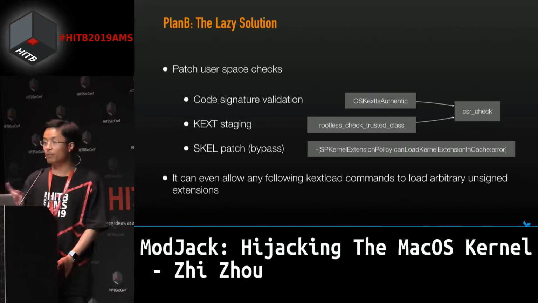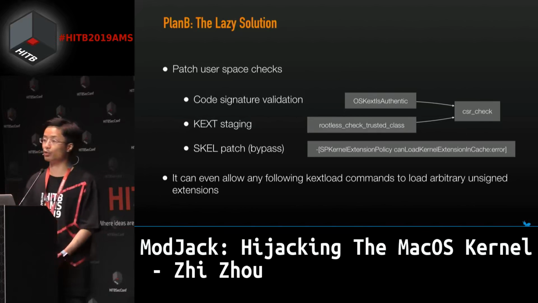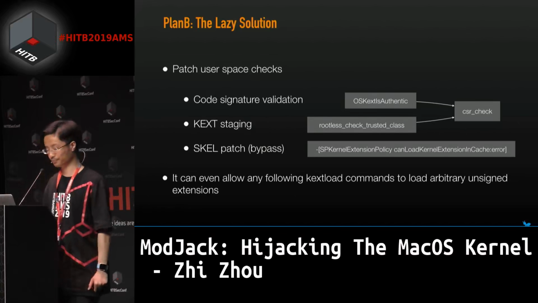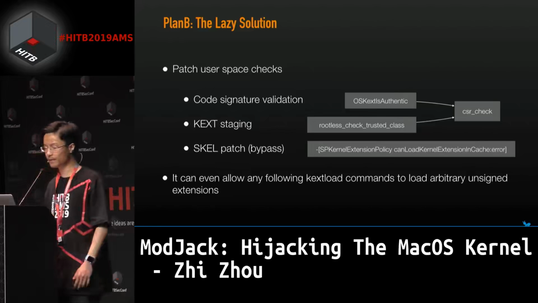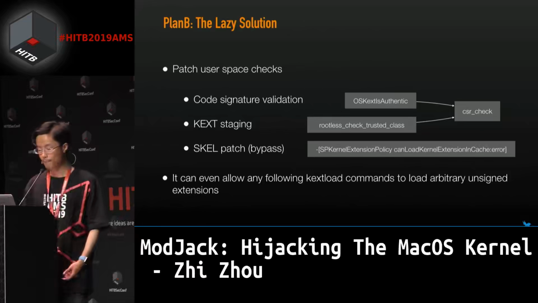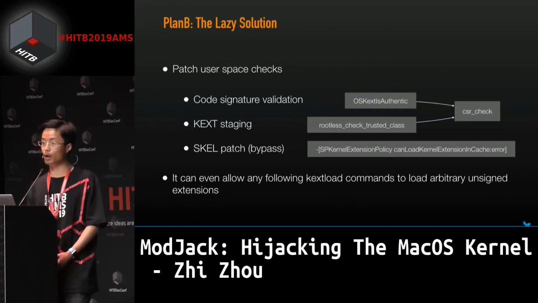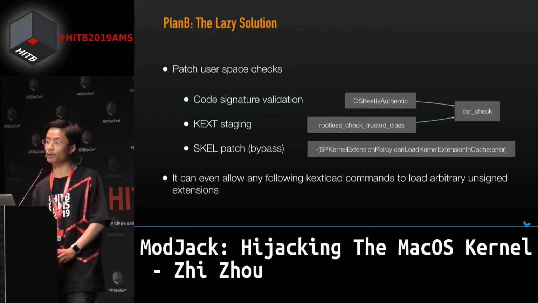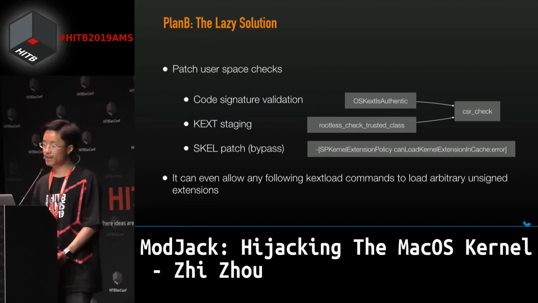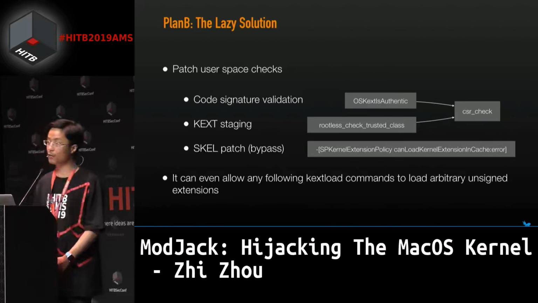So we simply patch this CSR check to tell kextd that rootless is off now. And then the SKEL patch, the data bypass we mentioned before, simply uses Objective-C method swizzling to patch this function to make it always return yes. So SKEL is not a problem anymore.